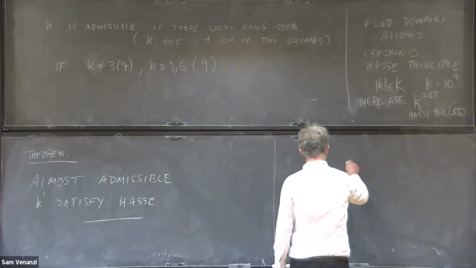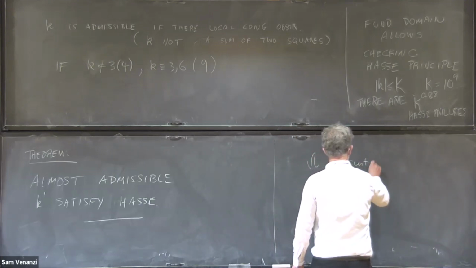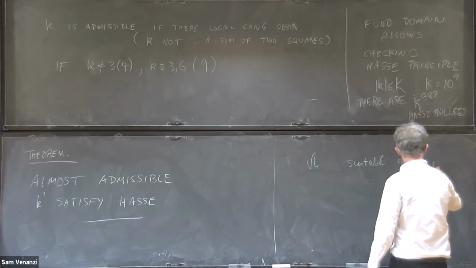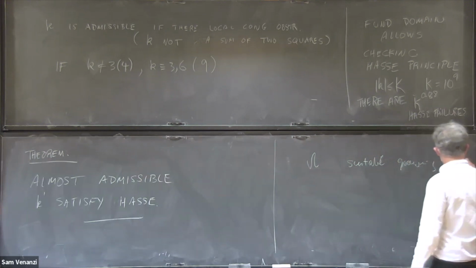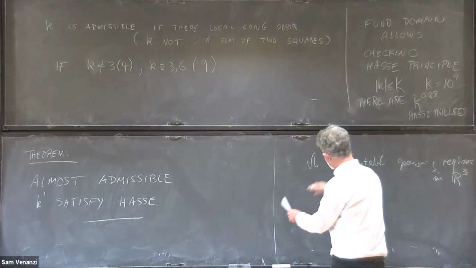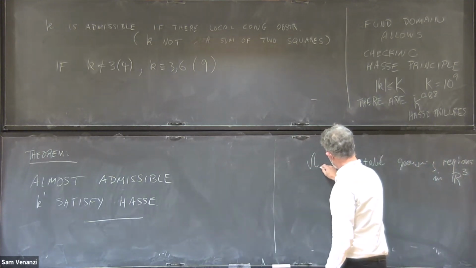So omega, suitable growing regions in integers, so we're looking at R of 3. So they're compact regions, they've got a parameter, maybe k.